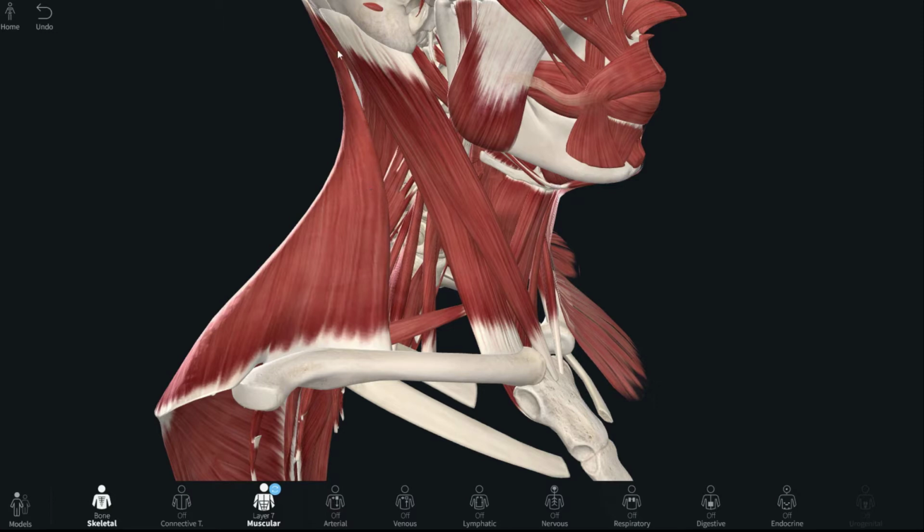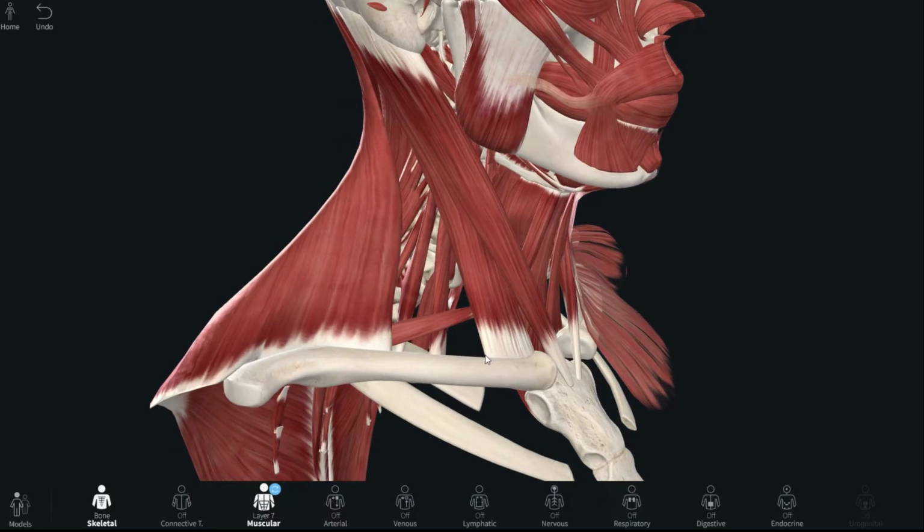And the base of this triangular space is formed by the superior border of the middle third of the clavicle. So this space is known as the posterior triangle of the neck.